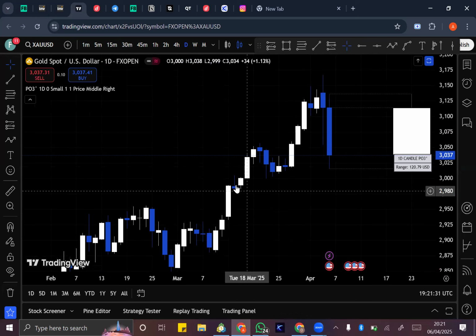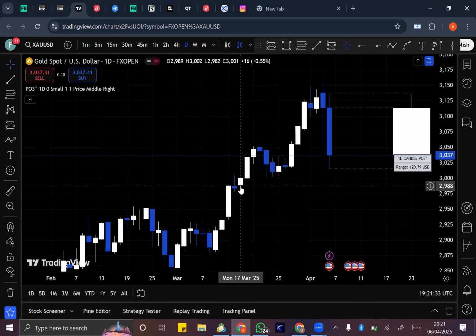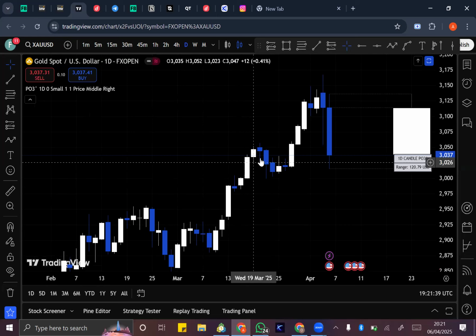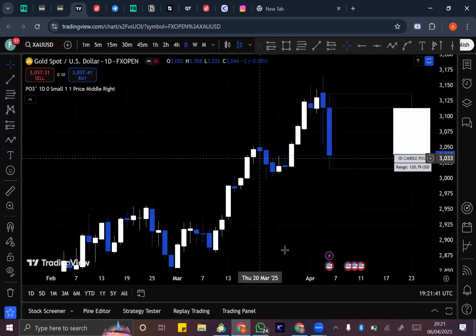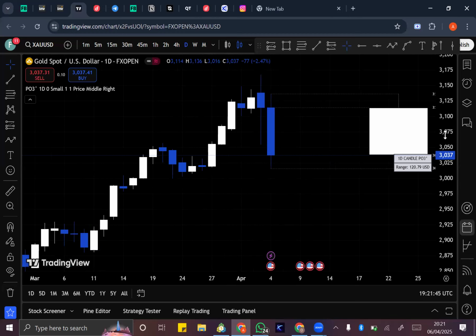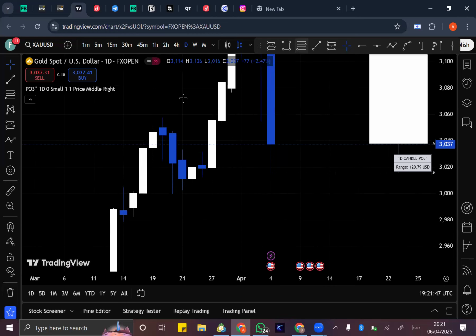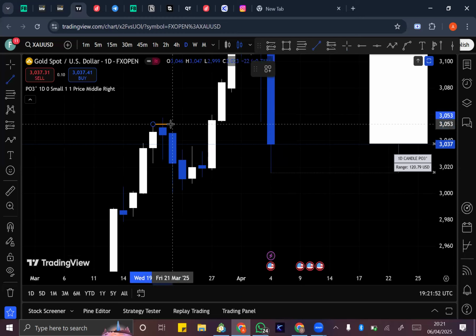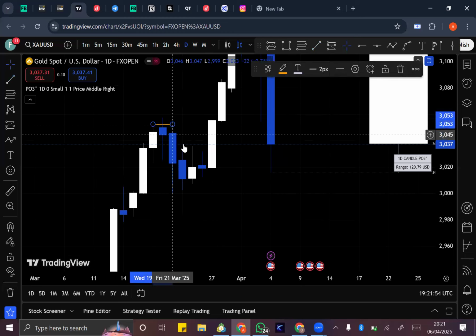Monday was bullish, Tuesday was bullish, Wednesday was bullish, and on Thursday it didn't break with body but with wick. So after seeing that, you will now know that the next day will be bearish.